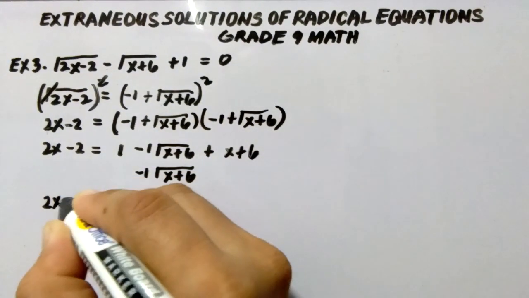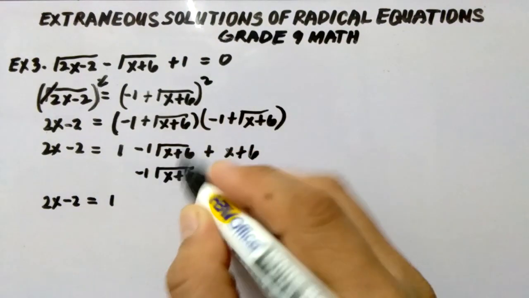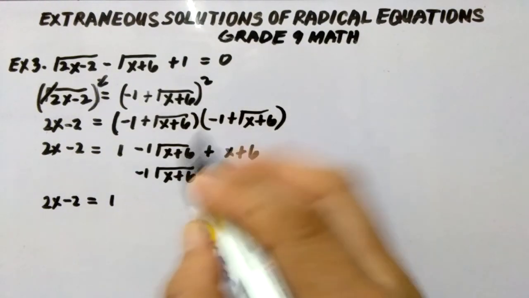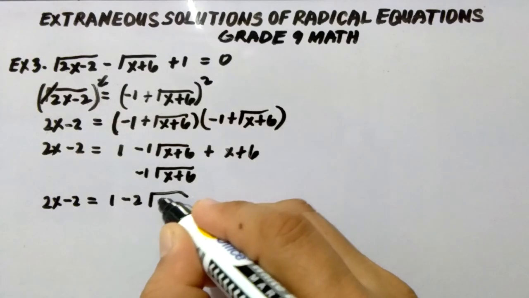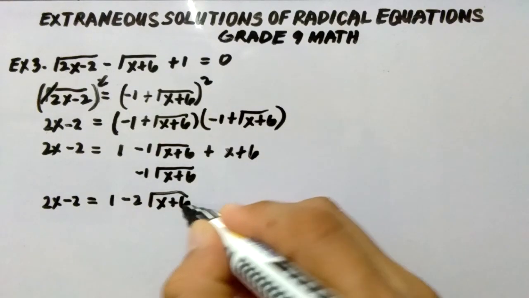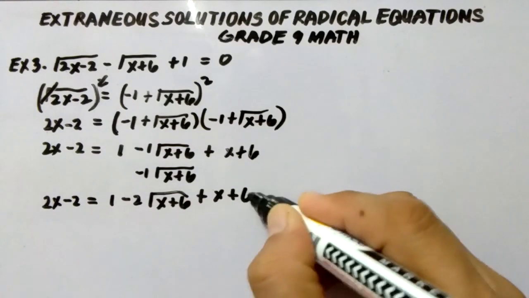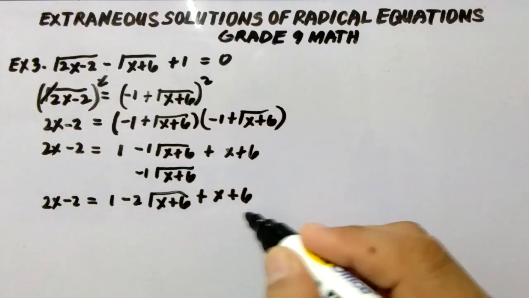So we have 2x minus 2 is equal to 1. Then combining like terms, negative 1 square root of x plus 6 minus 1 square root of x plus 6, that is negative 2 square root of x plus 6 plus x plus 6. Then, simplify po natin, combining like terms.